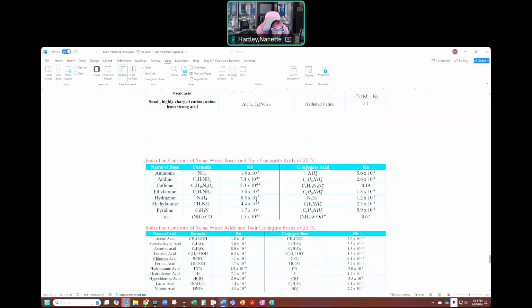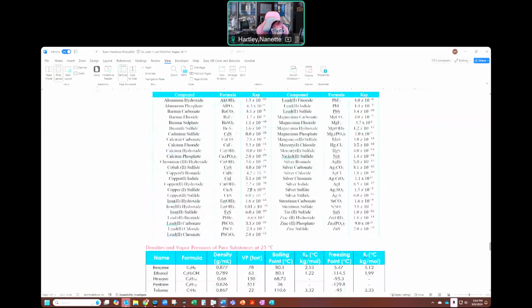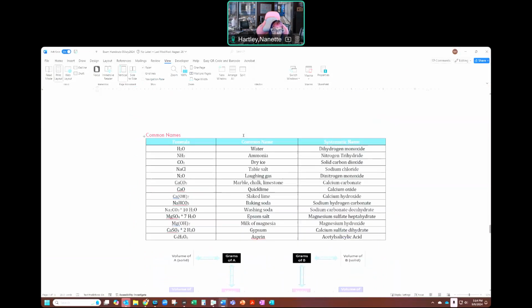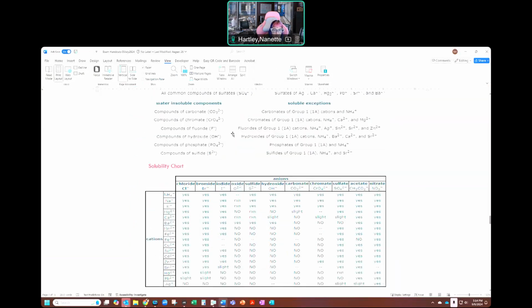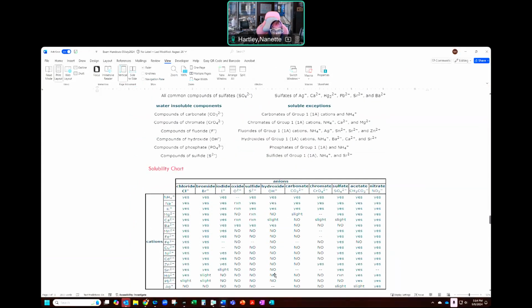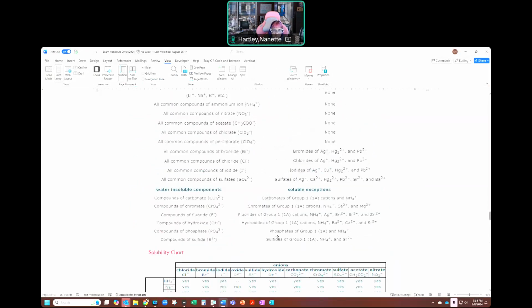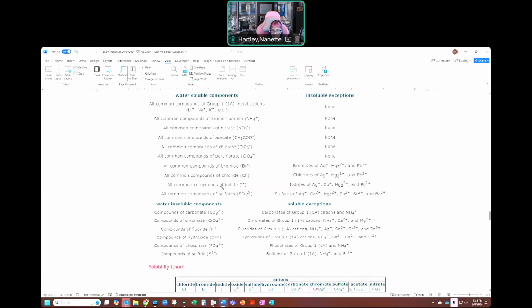I can understand. So there is another form that is on here, which is actually what you'll find in Alex. And this is the solubility chart that you'll find in Alex. Okay. So this is the list that I gave you on that slide. This is exactly the same list. Here are some of the water insoluble components and their exceptions.